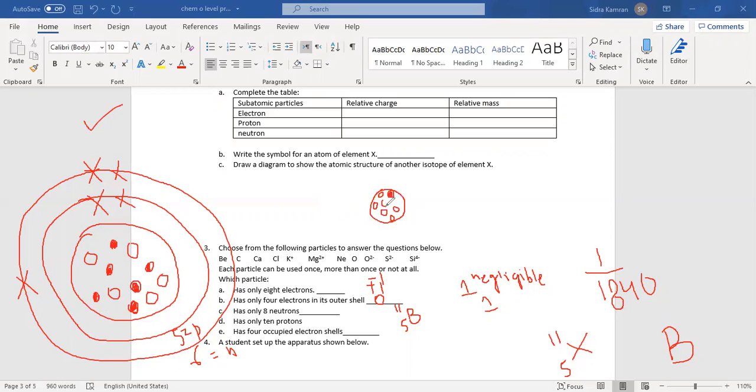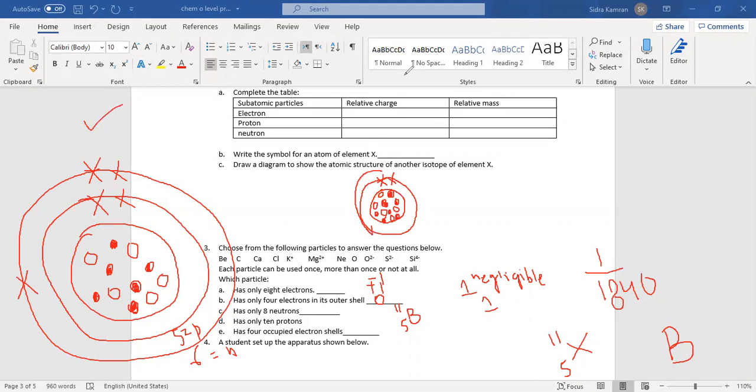So you have to draw 7 neutrons. 1, 2, 3, 4, 5, 6 and 7. Then you have to draw the electrons. The number of electrons will be the same because there is no change in the number of protons.